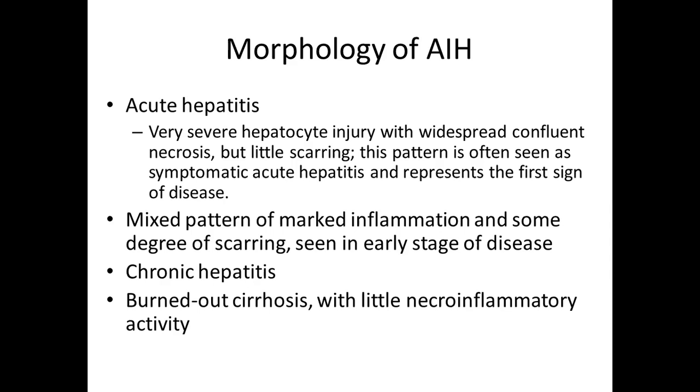We discussed this concept, confluent necrosis, which spreads peripherally from the central vein. Confluent areas of necrosis are usually seen in acute hepatitis. So it commonly leads to fulminant hepatitis and acute liver failure.